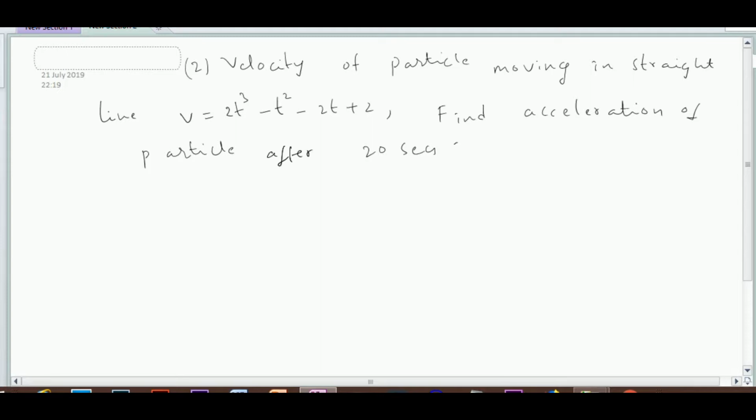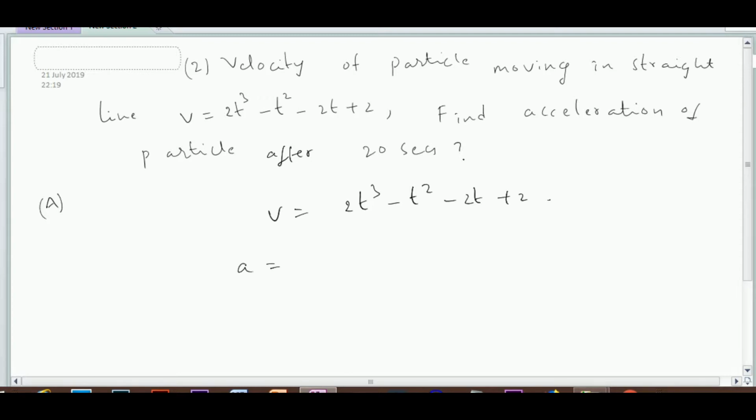After 20 seconds of the travel initiation. That means after starting the travel, after 20 seconds, what will be the acceleration of the particle if the velocity profile is given as 2t cube minus t square minus 2t plus 2.